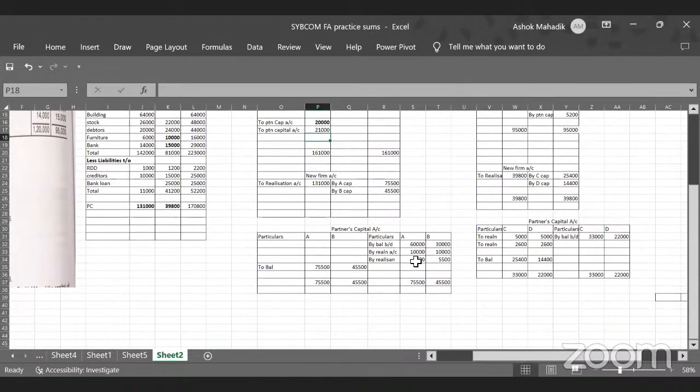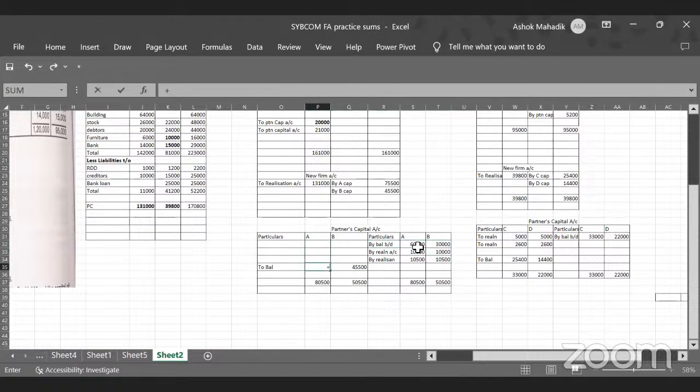So it will be 10,500 each. 10,500. 10,500. Okay, so now the totals will be, and check total again, 8,500 and here 55, correct.